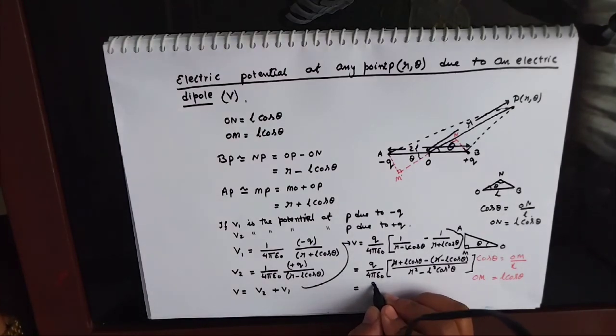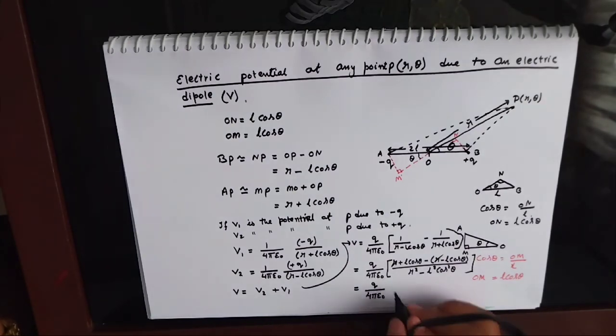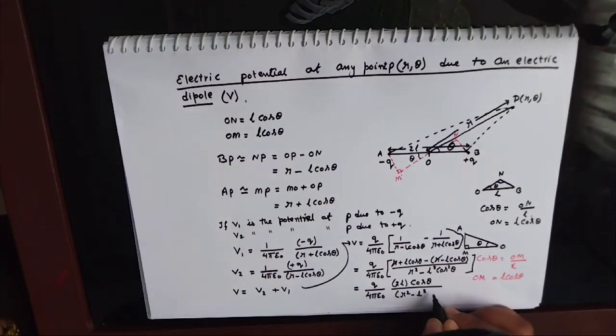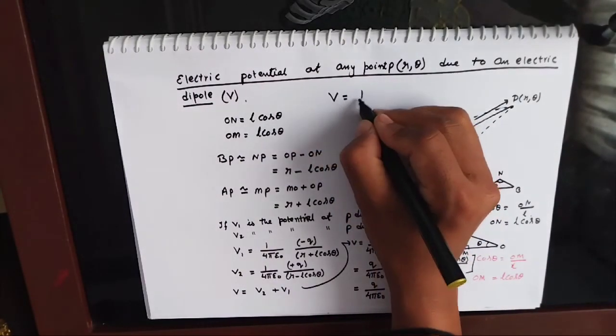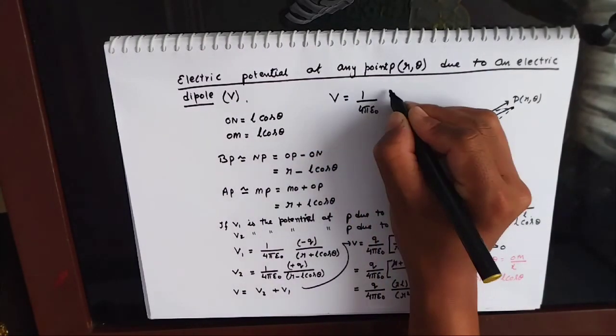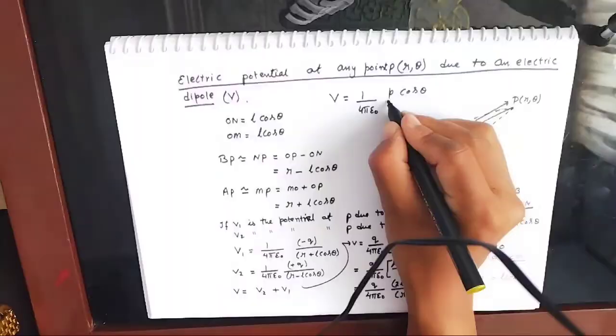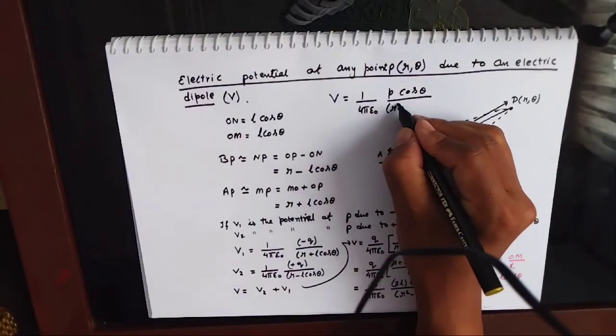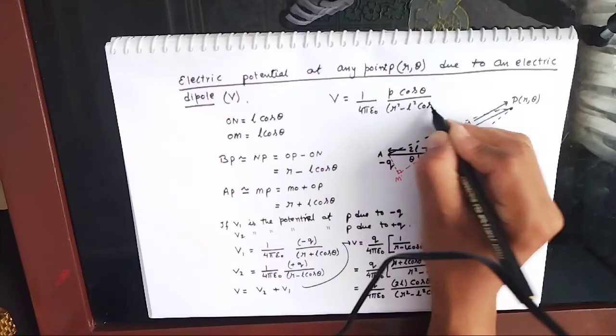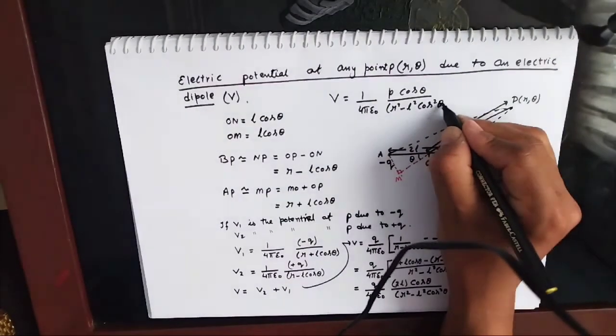So we will remain with Q by 4 pi epsilon naught, then L cos theta and L cos theta is 2L cos theta, divided by R square minus L square cos square theta. What is Q into 2L? It is nothing but the magnitude of dipole moment. So P cos theta divided by R square minus L square cos square theta.